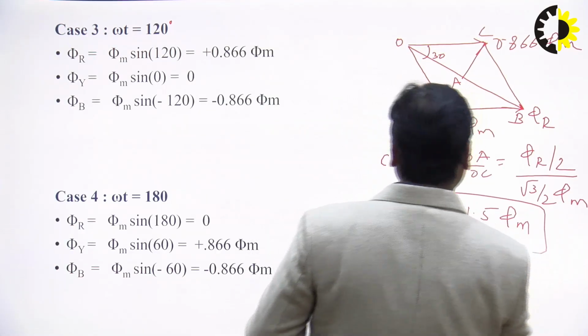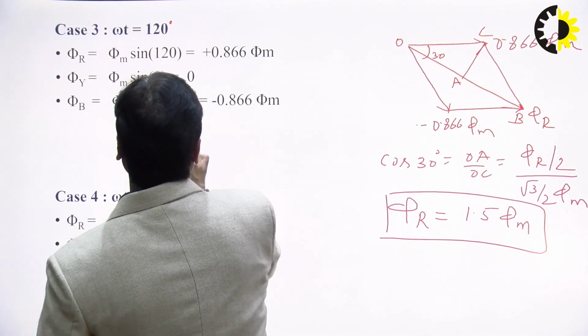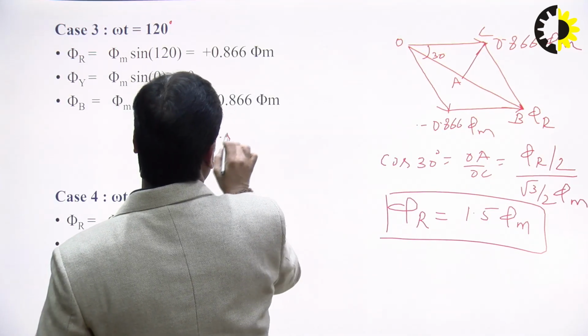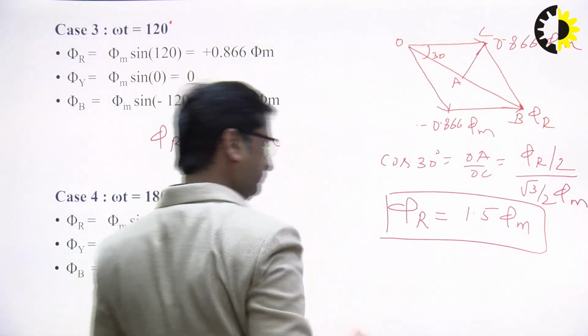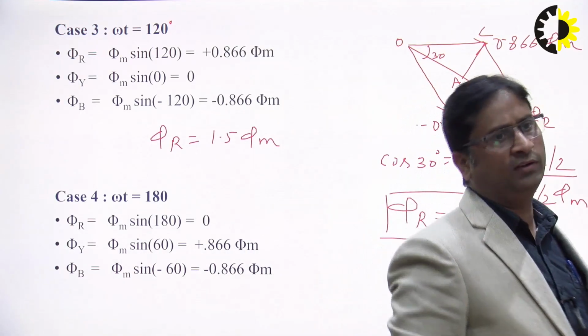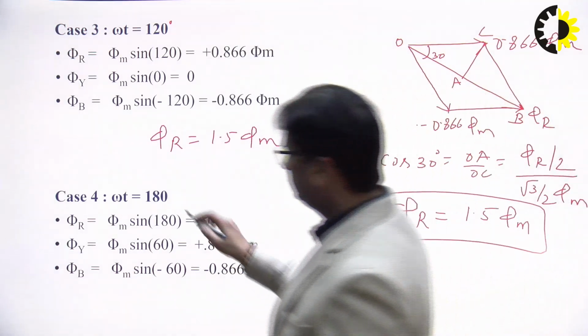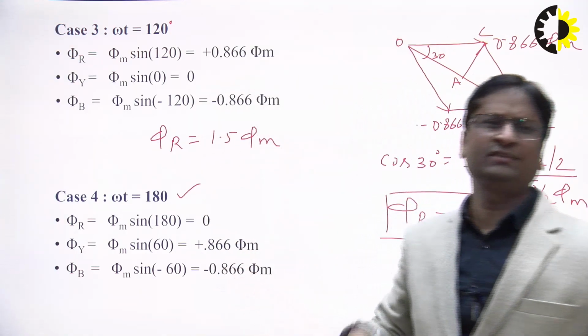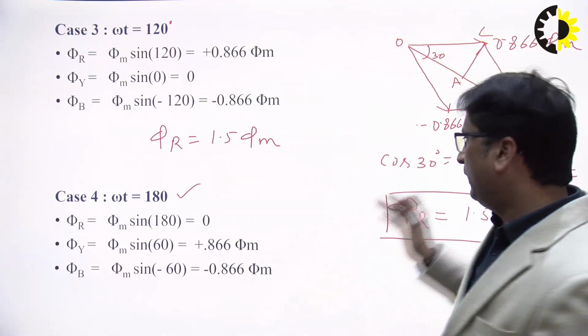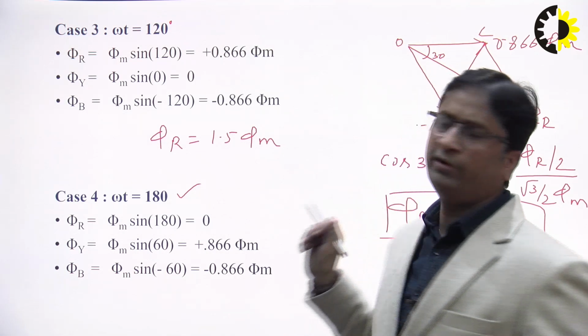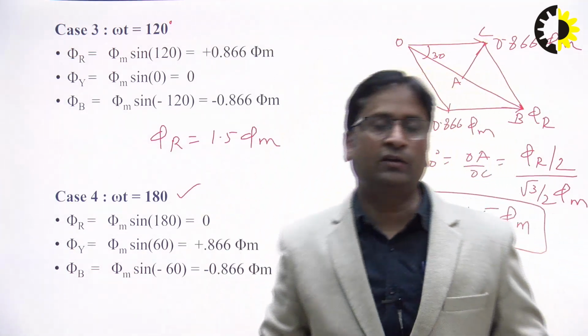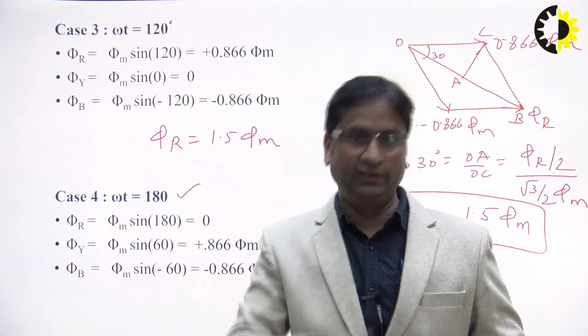So you can say that every time when we calculate the resultant flux, it is 1.5 times of phi m. This is the value of the resultant flux. And again when we calculate for the next 180 degree, 240 degree, 300 degree, again and again it is 1.5 times of phi m, and it is rotating in clockwise direction, in this direction.